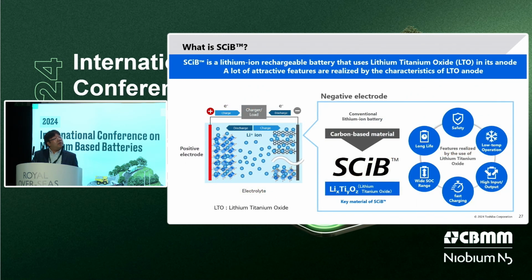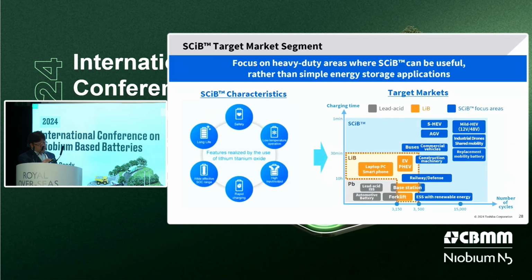From such a background, Toshiba released a unique lithium-ion battery named SCIB. This battery has many attractive advantages, such as safety, long life, wide SOC range, quick charging, high power, and low temperature performance. These features come from using lithium titanium oxide, the so-called LTO material, instead of the graphite-based anode material.